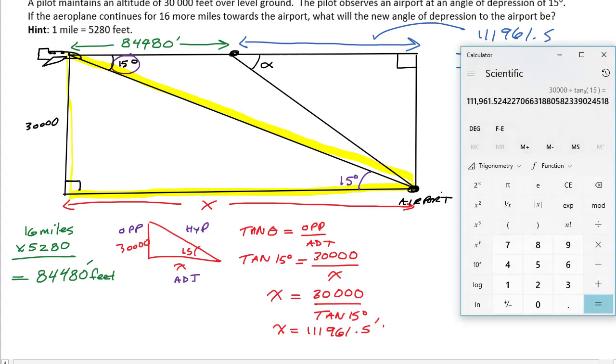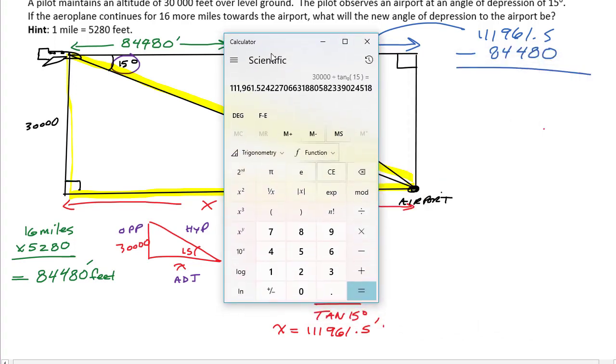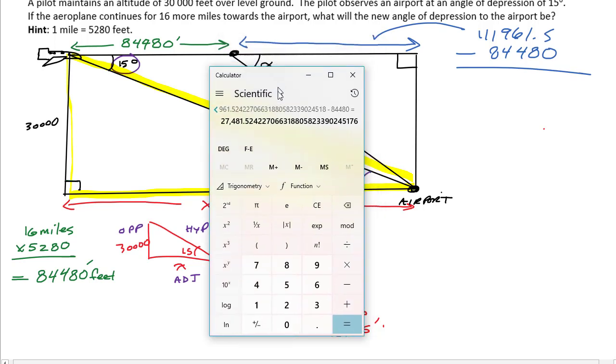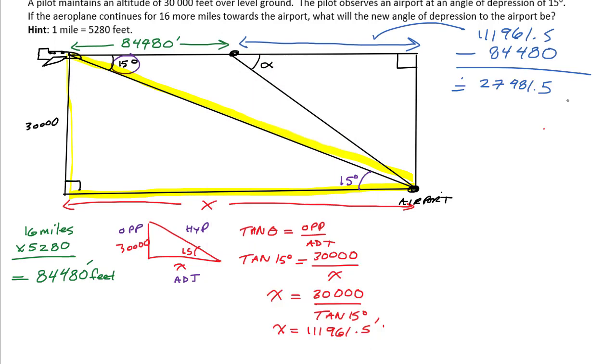I already have that number in my calculator. Now we have the length of the part I highlighted in blue, which is approximately 27,481.5 feet.